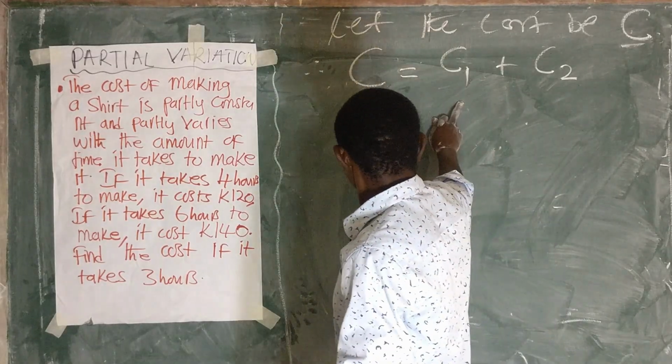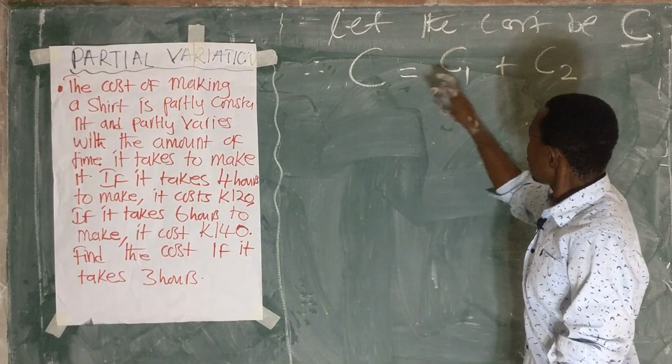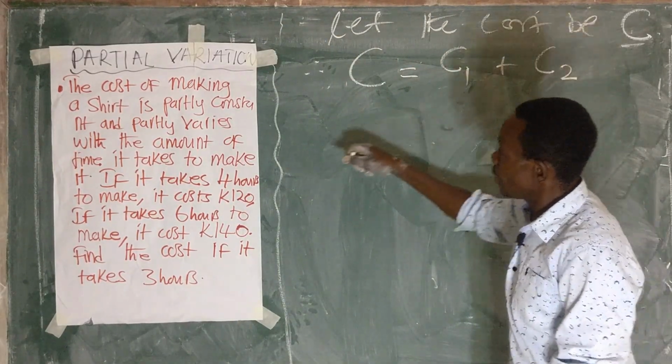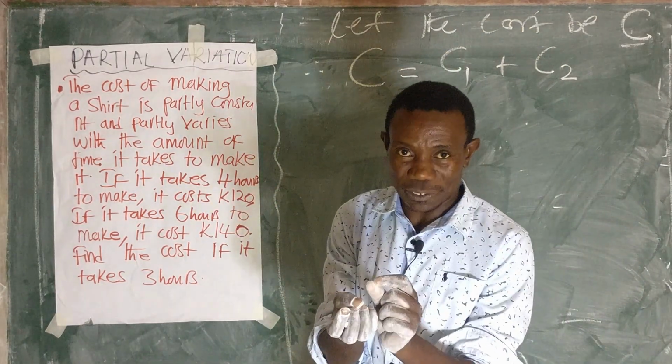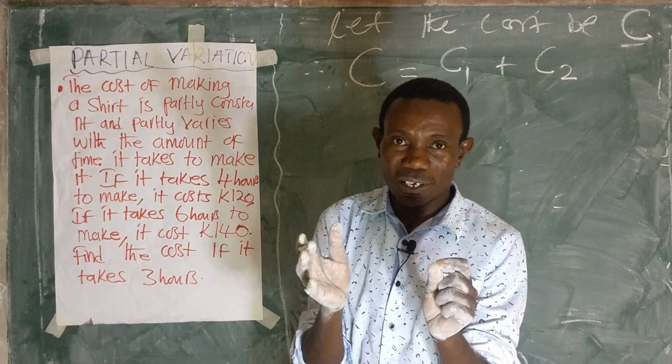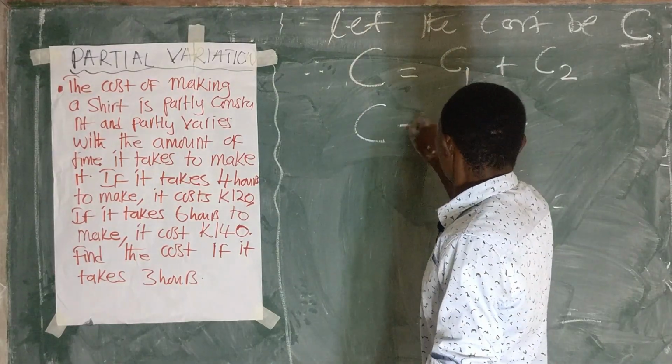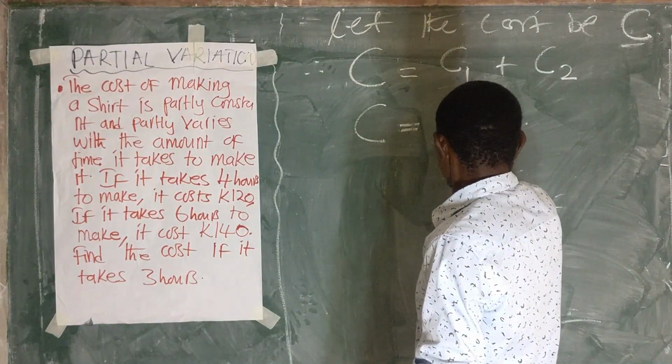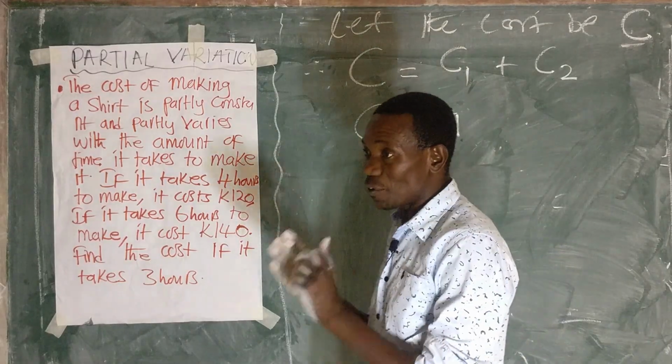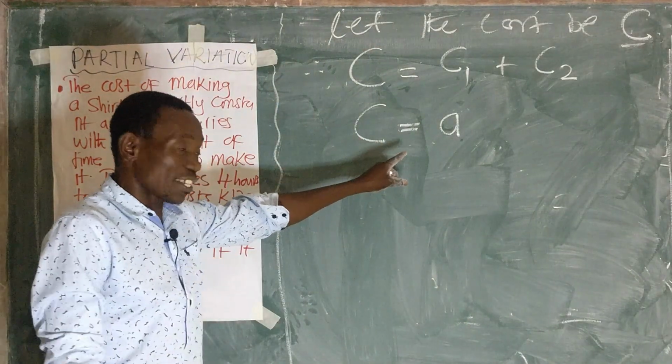In this case, C1 is just a constant amount, which does not change. So this one should just be presented by a letter, a, which is just a constant itself, so it should not have a constant there.